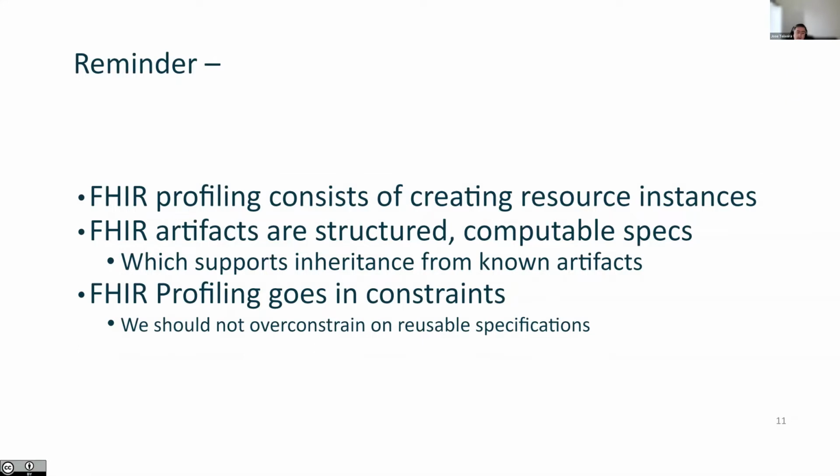And FHIR profiling, that's the thing that we are doing, it goes into constraints. So when we say, I want to take the national specification and further profile it for my purpose, the only thing I can do there is to make it more specific. Let me give an example. If the patient name is mandatory on the national specification, we can no longer make it optional on a project specification if we want to use that as a layer.